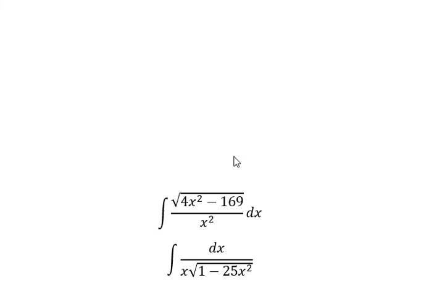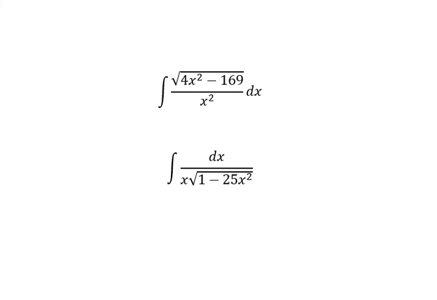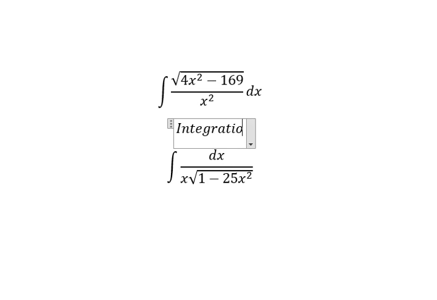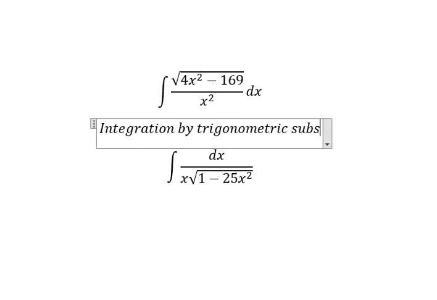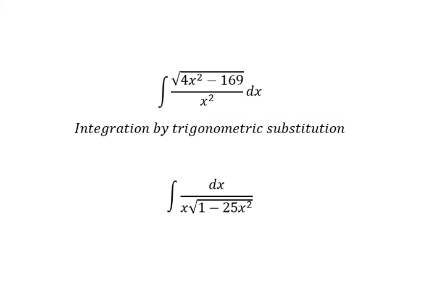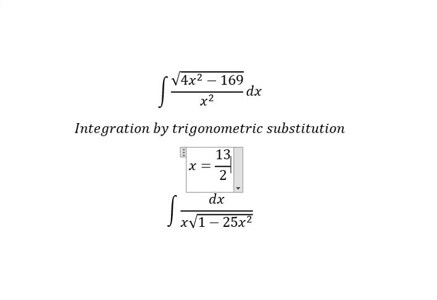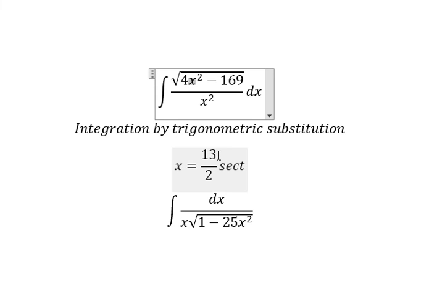Now let's go to the next one. We need to use integration by trigonometric substitution. So I will put x equals 13 over 2 secant of t, because if I put this one in here, you get 169 over 4 secant of t squared.